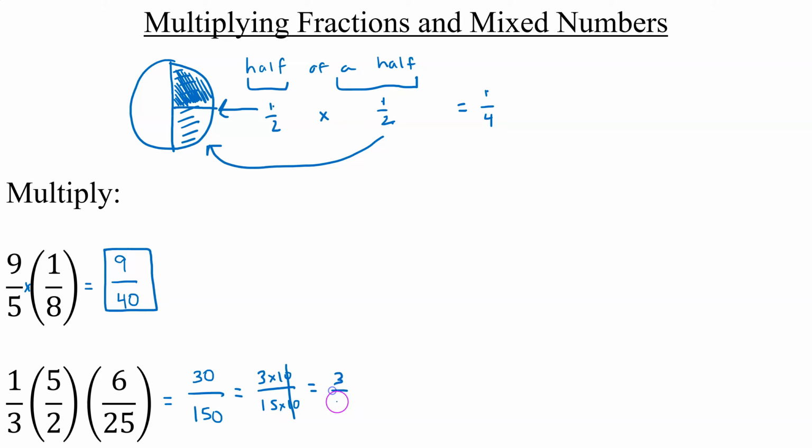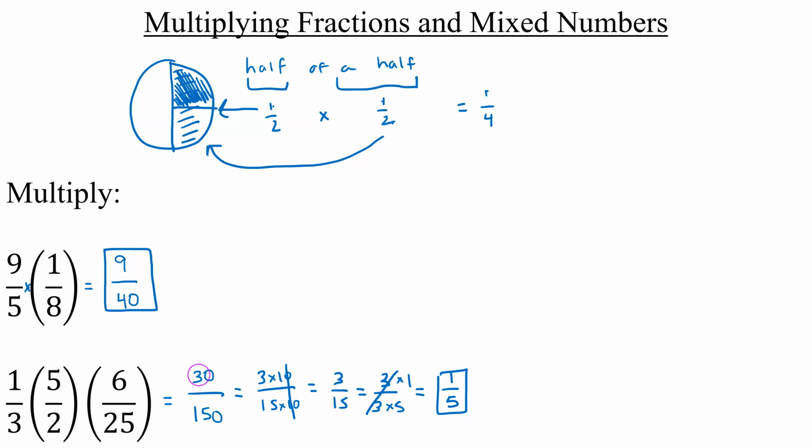So we have 3 over 15. However, 15 can be broken down into 3 times 5. That cancels. And we're not really left with anything on the top because we could also say that 3 is 3 times 1. So really there's a 1 on the top. And we end up with 1/5 as our answer.